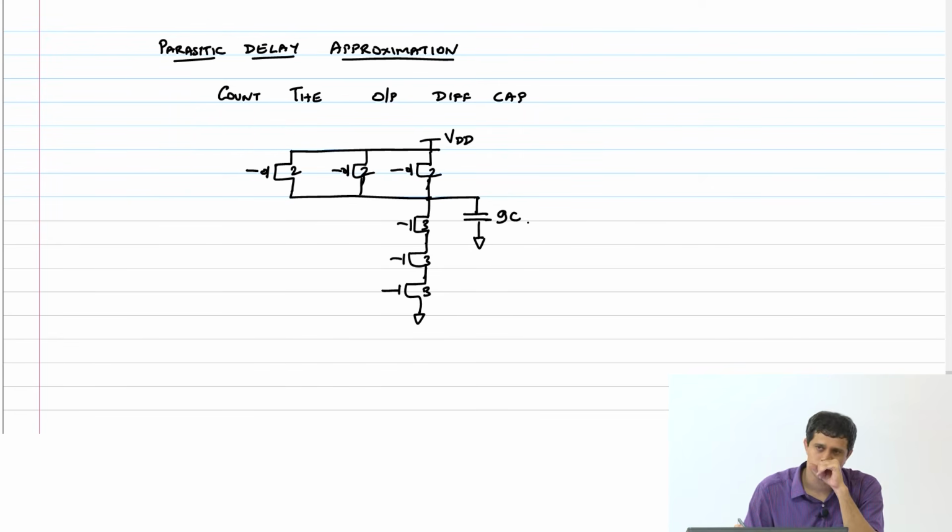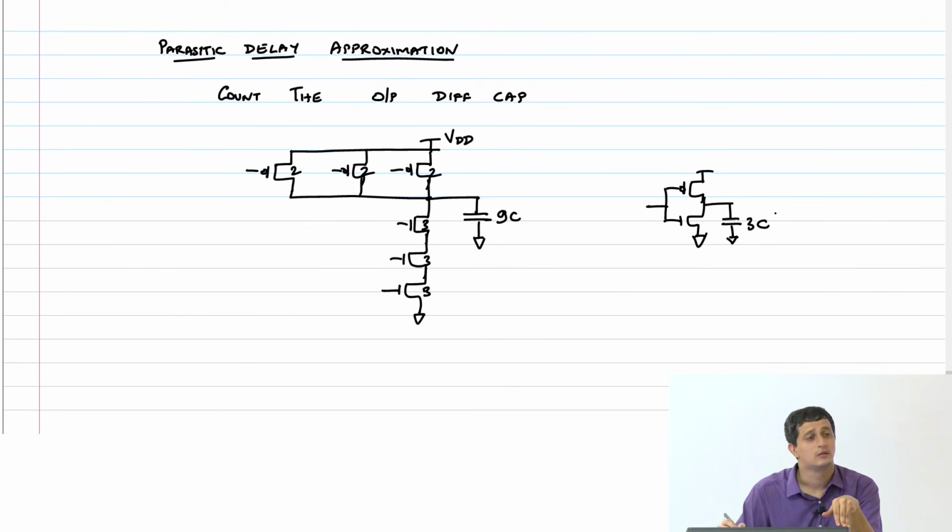You count the output diffusion cap and simply divide it by the cap of a reference CMOS inverter. Right, this is my reference CMOS inverter, 1, 2. Output diffusion capacitance is 3C. So you basically just count the output diffusion capacitance of the logic gate and divide it by the diffusion cap of your reference CMOS inverter. You will get the normalized parasitic delay.